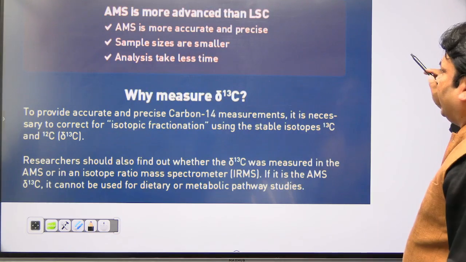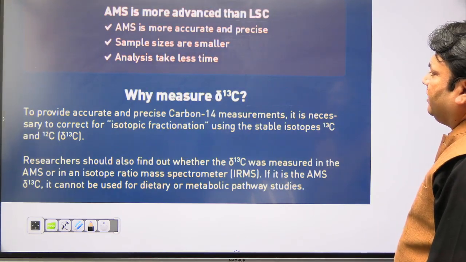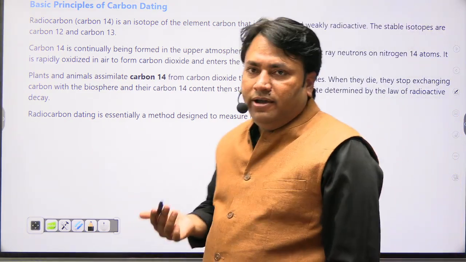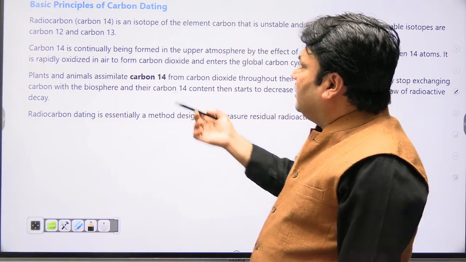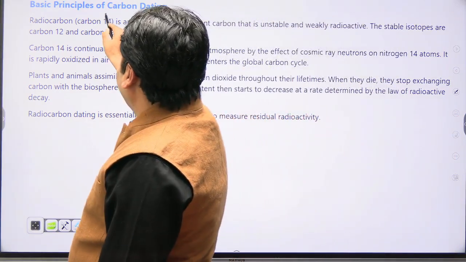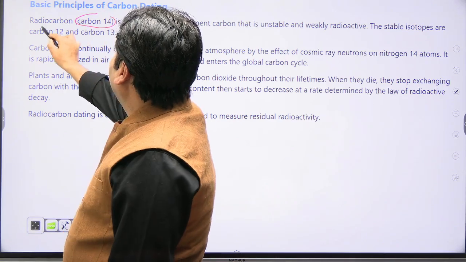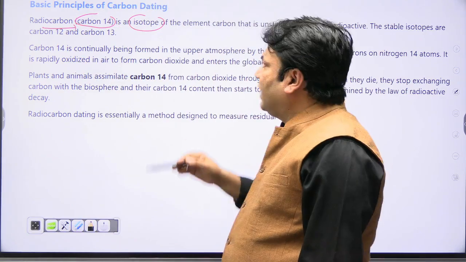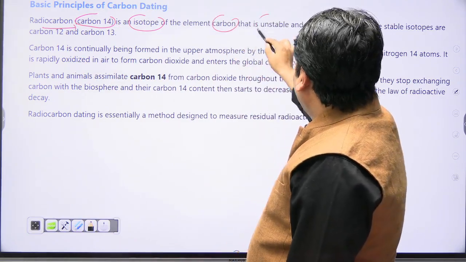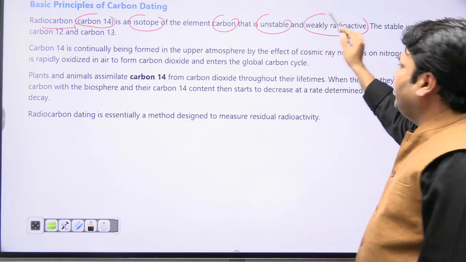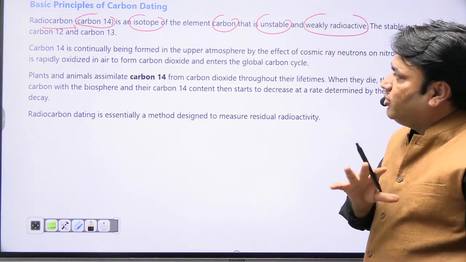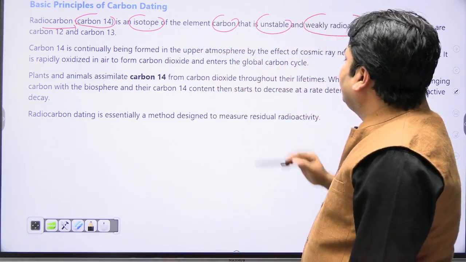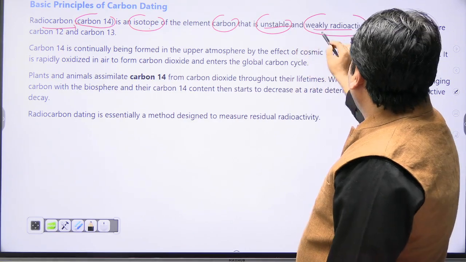This definition will make it clearer: carbon 14 is a radiocarbon and it is an isotope of carbon. It is unstable and weakly radioactive.